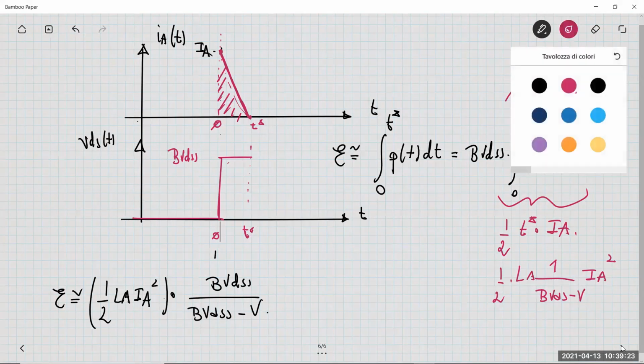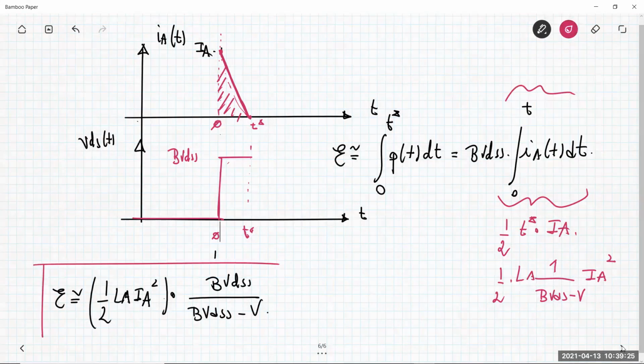As you can see, the energy involved in the turn-off, in the specific region in which I'm operating the MOSFET or the switch, the breakdown region, is given by the product of the energy stored in the inductance of the phase you are driving, multiplied by this term.